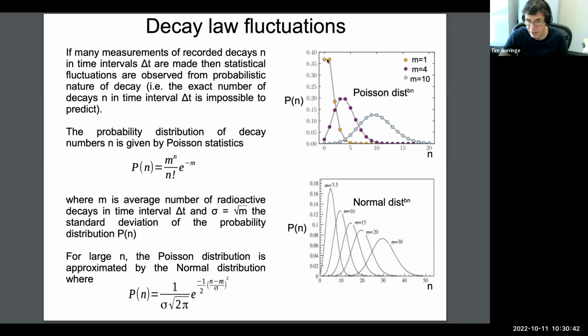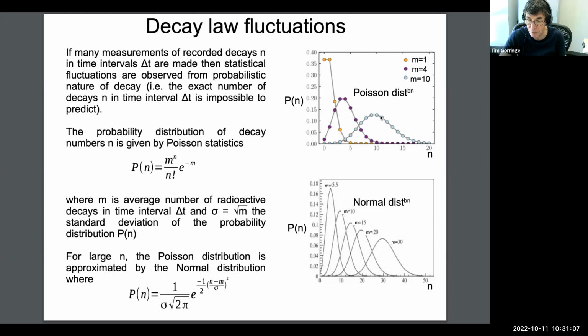The orange points here are for a mean of 1. After making the measurement many times, you found that on average, you got 1 decay in the time interval delta t. The light blue points are for a mean value, an average value, of 10.